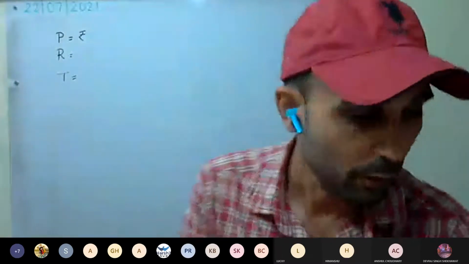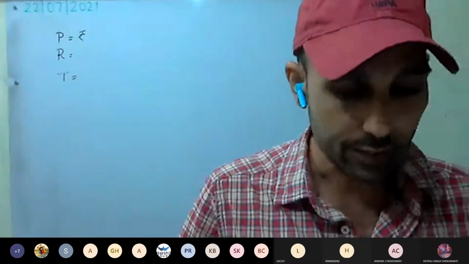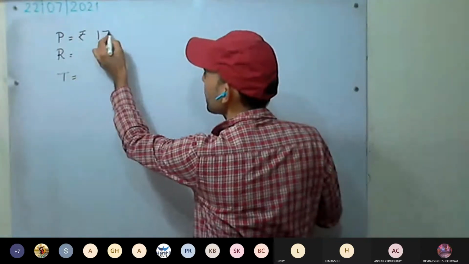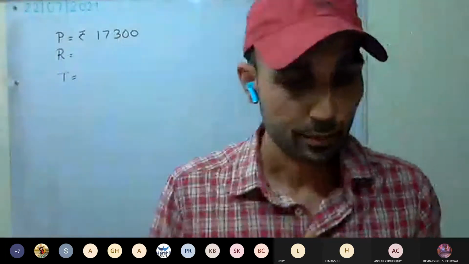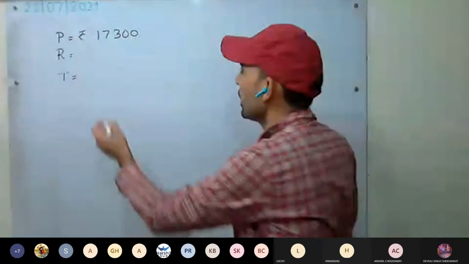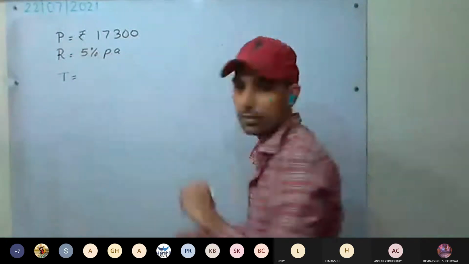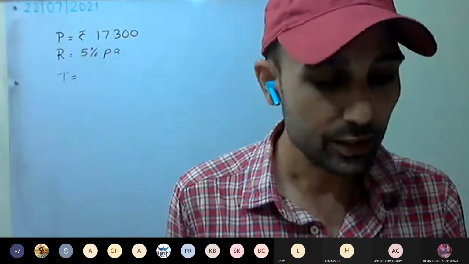So what is given in the second? Find the interest on 17,300. So the principal is given. On this principal, we have to calculate the interest at the rate of 5% per annum. So the rate is given, 5% per annum.